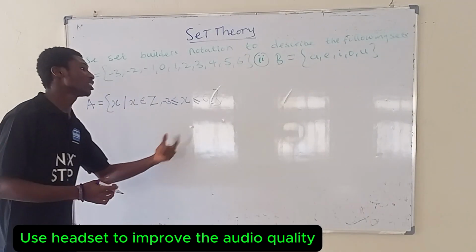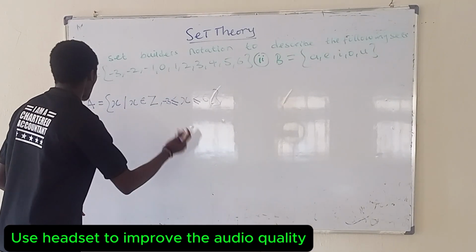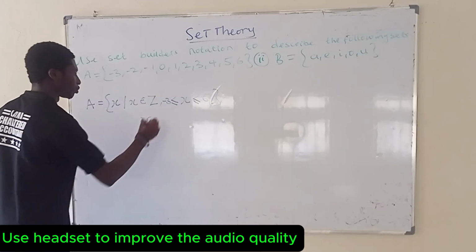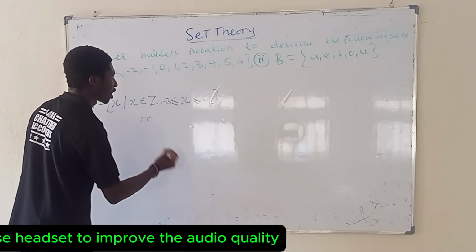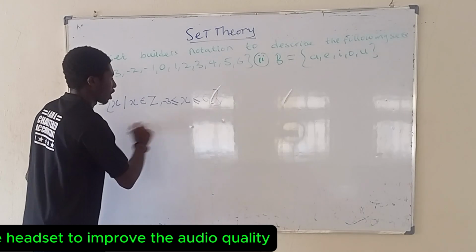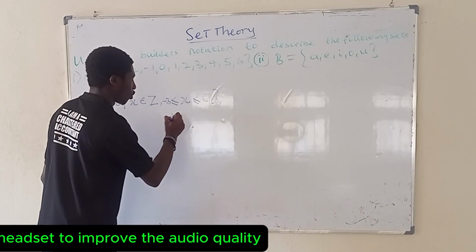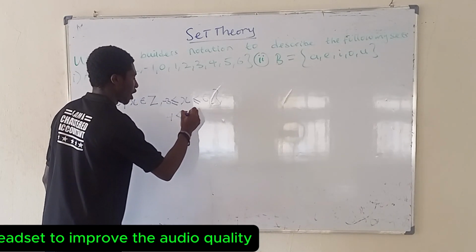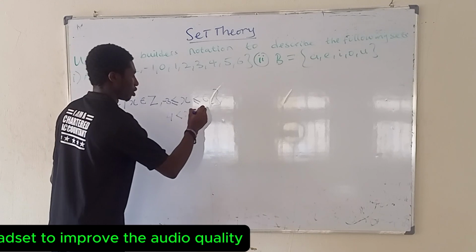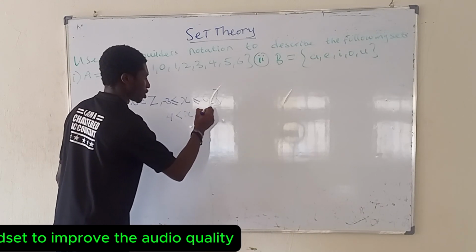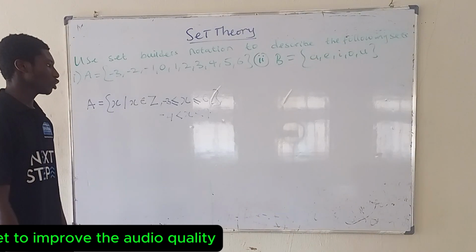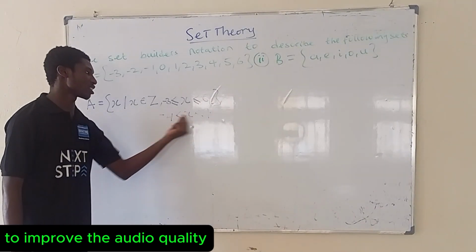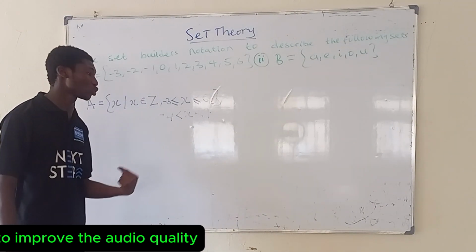Now, I can write this in another format. Instead of writing negative 3 greater than or equal to, I can write this as negative 4 less than x less than 7. So x is greater than negative 4, not equal to negative 4.